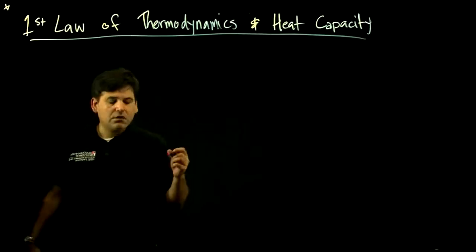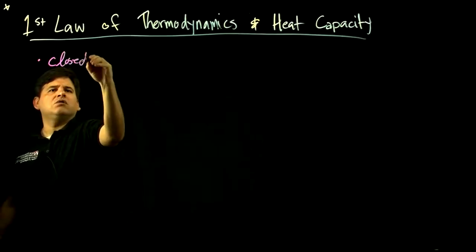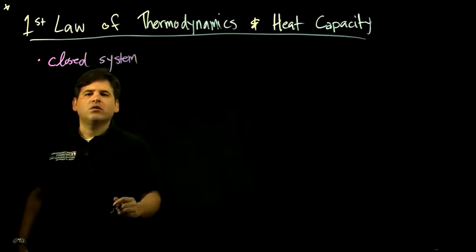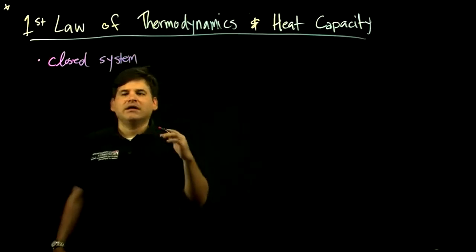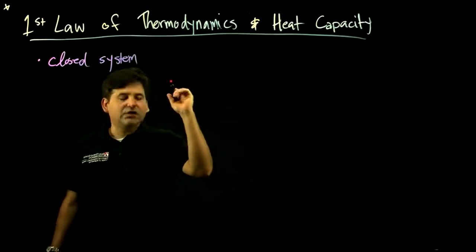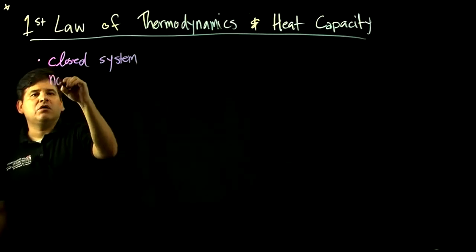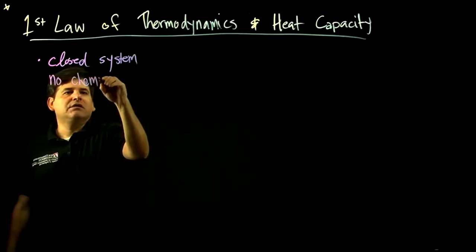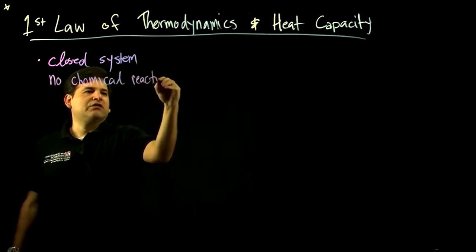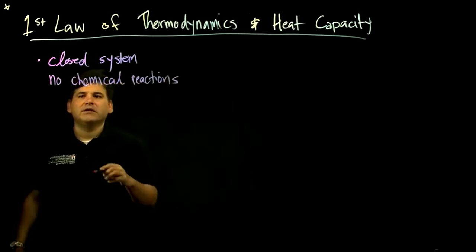So, for a closed system, you care about something where there's no mass coming in or out. You want to analyze the energy levels and the interaction through heat and work transfer. So a closed system, and there's no chemical reactions, where when there are chemical reactions, there are more ways that the energy levels can be affected.